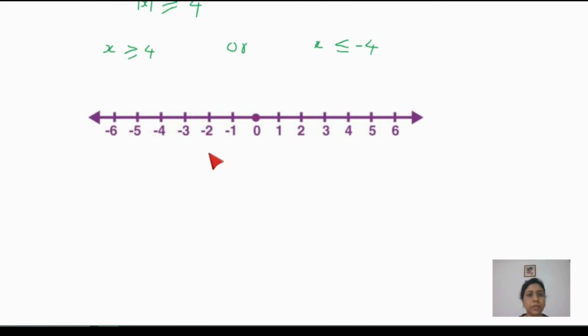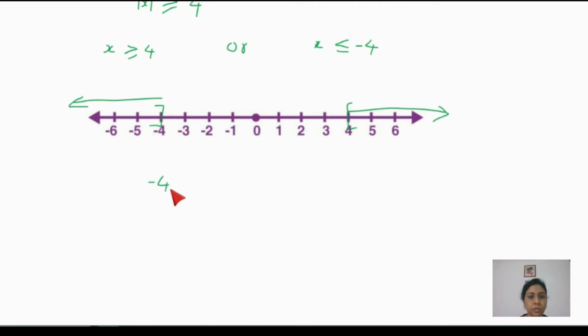We can represent this on a number line. This is x greater than or equal to 4. 4 is included, and all values more than 4, like this. Here minus 4 is represented. This is included, and all x values less than minus 4, like this. This is the graph.